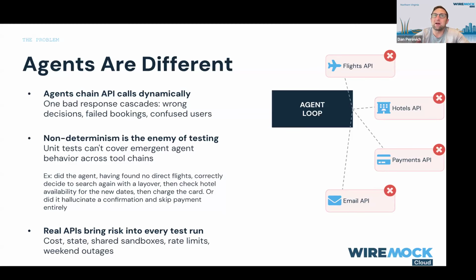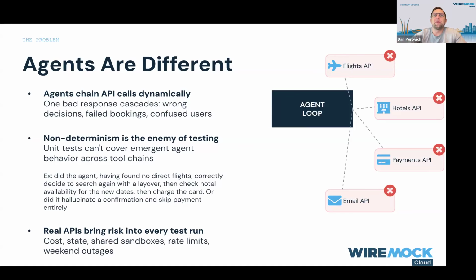And if it made that decision, did it also make sure to adjust the hotel availability for those new dates, and ultimately still charge the card? Or did it somewhere along the line hallucinate, thinking it got a confirmation from one of these original dates, and then maybe skip the payment, and you show up to the airport and nothing's actually booked for you?